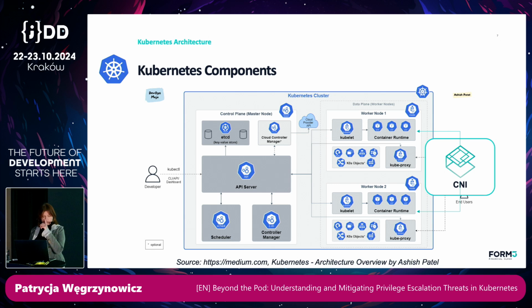This is a container network interface. This is only an interface. We have several implementations here. And with CNI, the providers create an overlay network over the regular host network, which allows this pod-to-pod communication.